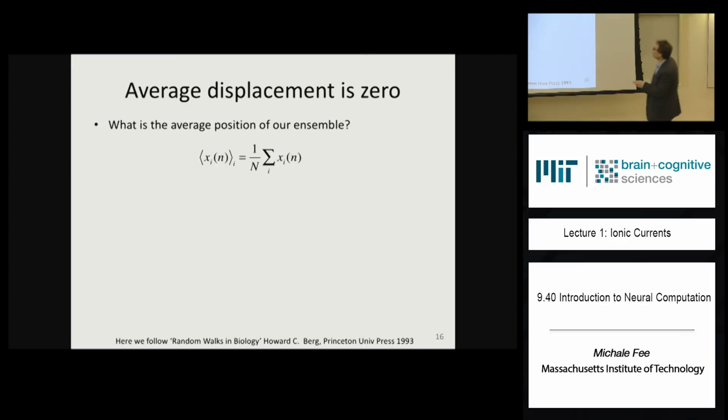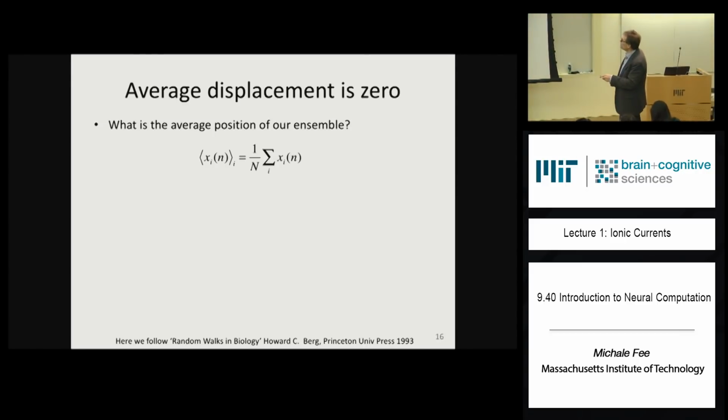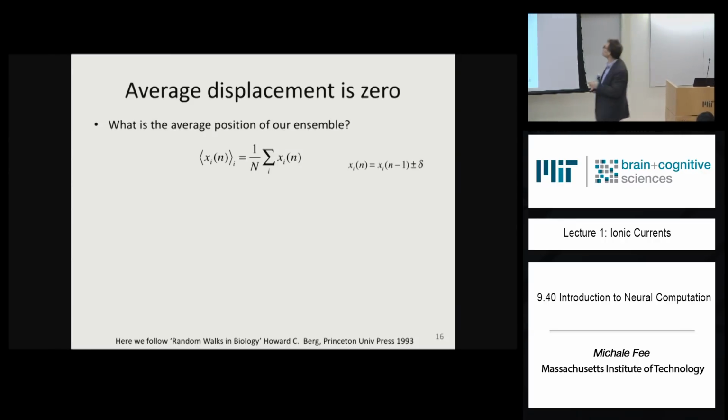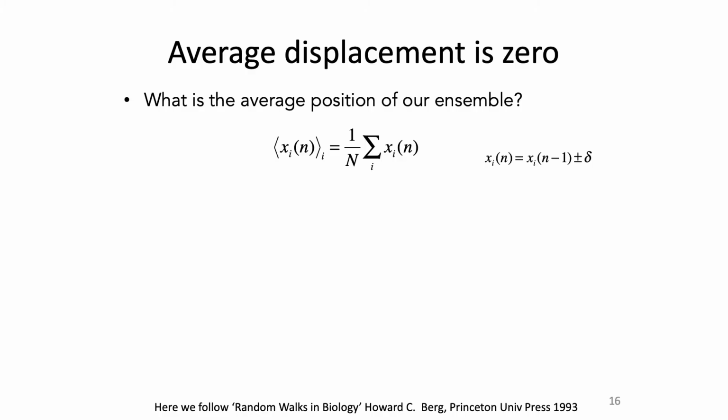And so it's just the sum of positions for every particle divided by the number of particles. That's the average position. Again, the position of the ith particle at time step n is just the position of that particle at the previous time step plus or minus delta. We just plug that in there, and now we calculate this sum.